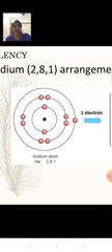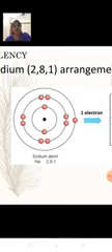You can see that the innermost shell contains 2 electrons, then the next shell contains 8 electrons, and the last shell contains 1 electron. Just now I've told you, to achieve stability, an atom should have 8 electrons in the outermost shell.